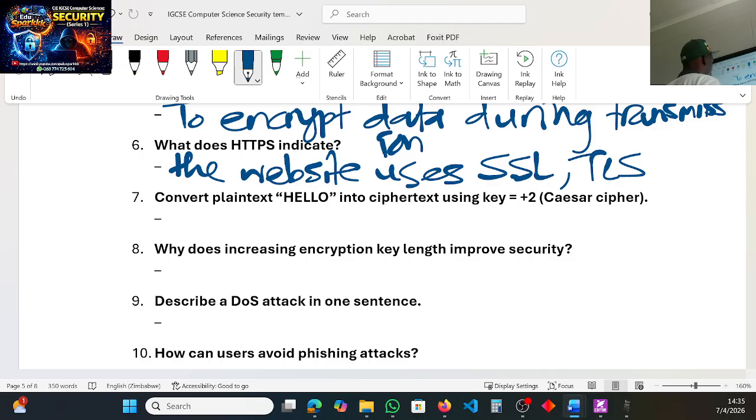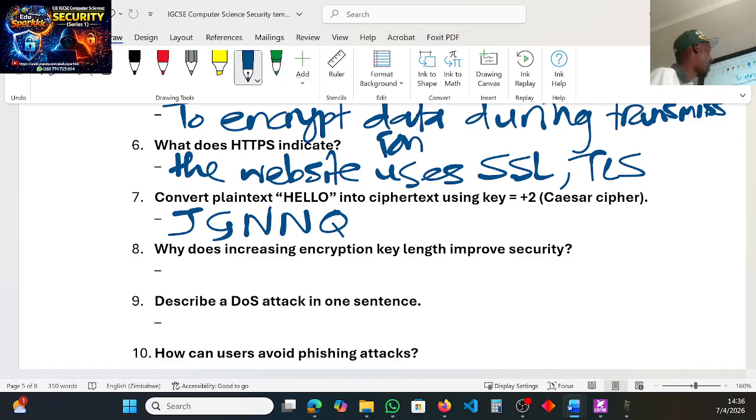So I can read through the alphabet, say from H, I want +2, so H, I, J. For H we have J. Then E, A, B, C, D, E, F, G, so here we have G. Then the double L: L, M, N gives N, N, O, P, Q. The last part will be Q. So this is the ciphertext that will be generated when we use the cipher to encrypt our data.